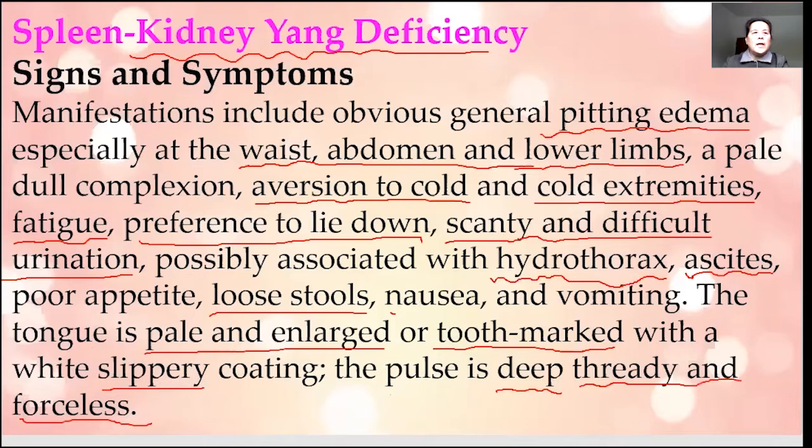So that's generally for the spleen yang and kidney yang deficiency type. So we still put spleen and kidney together. Children's problems are mostly not only one organ, because when we talk about the physiology of children's bodies, generally all the organs are weaker.